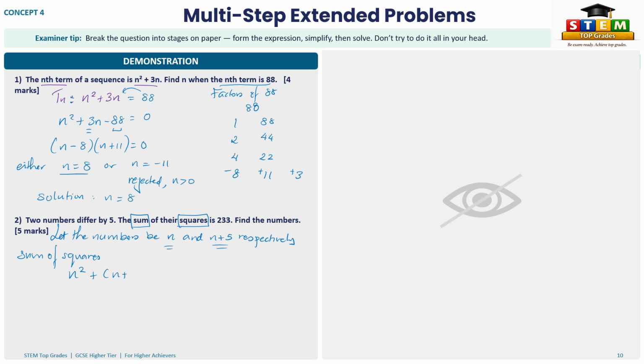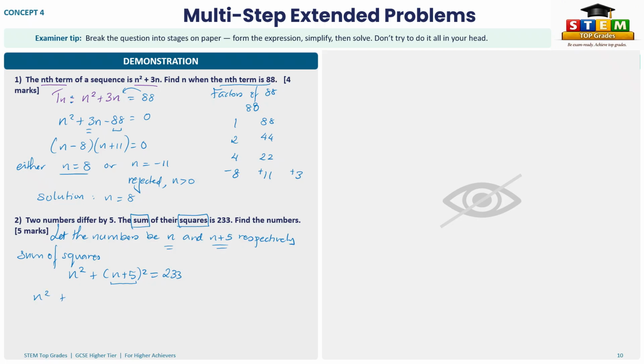The square of the second one gives you n plus 5 squared, and that is equal to 233. Now, in case of the square of n plus 5, we are going to get that expanded using the method I've shown you earlier on.